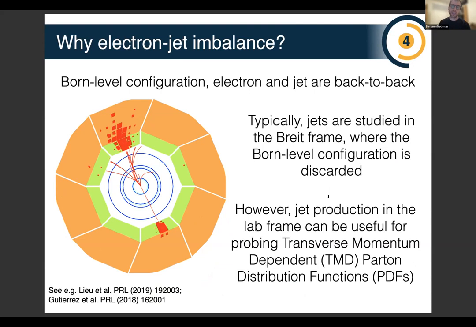Typically jets in DIS ep are studied in the Breit frame, and this Born-level configuration is actually discarded as background. However, jet production in the lab frame has found renewed interest. In particular, the balancing electron and jet can be useful to understand TMD PDFs, among other interesting QCD phenomena, which is why there's renewed interest in this kind of observable.